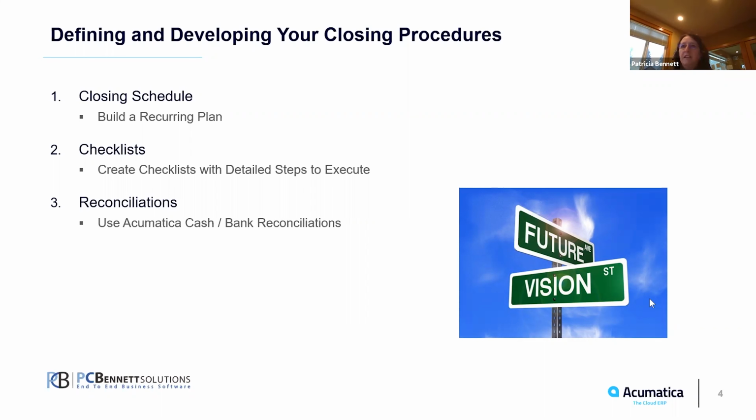If it's 10 days, depending on the size of your company, it may take a shorter or a longer time. Then we're going to create a checklist with detailed items that need to be executed at the end of every month. And number 3, we're going to use reconciliations to reconcile all of our cash accounts, our credit cards, the things that need to be reconciled.